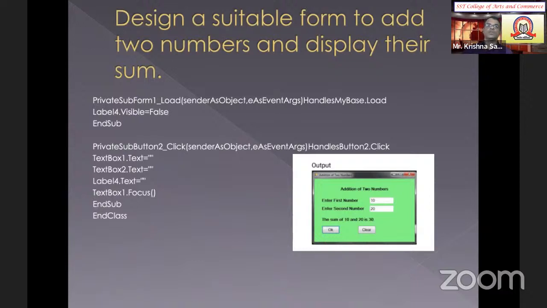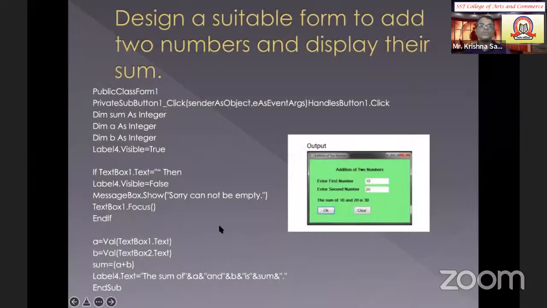Now, the next part of the coding is on the OK button. On the OK button, the first thing, I have to define variables to store the numbers which I'm going to type in text box 1 and text box 2, along with one to store the answer.